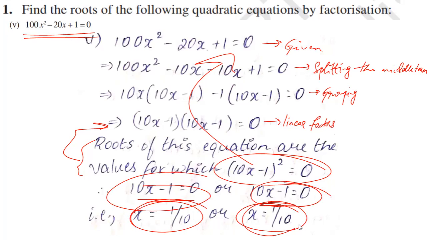Okay, done with it. One thing we are supposed to remember over here is getting the quadratic equation to the standard form. If you have it in standard form, two steps will be avoided.